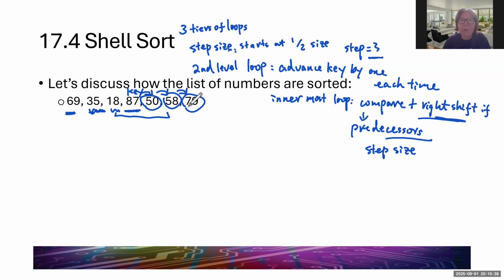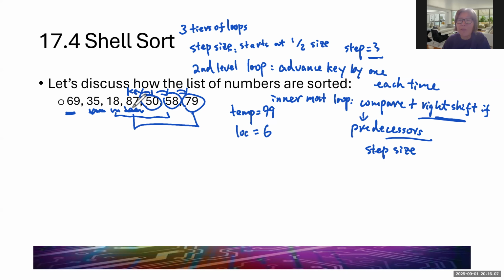And then you compare with the step away, so it's 87 in this case. And this key is less than, okay, so you still keep track of the key, it's 79, and its location index is sub 6. Okay, and you compare with the predecessor, it's 87.